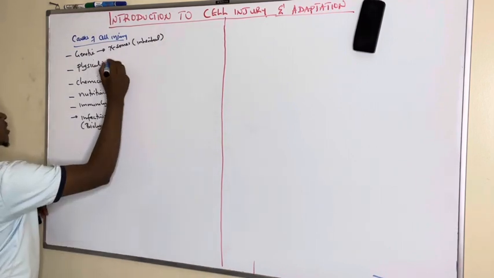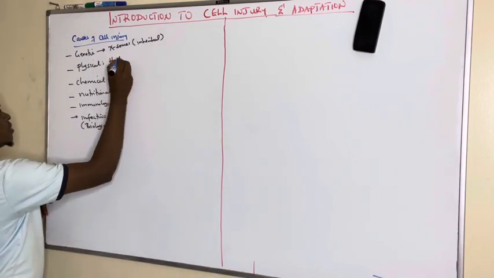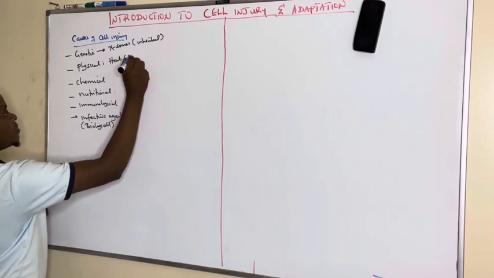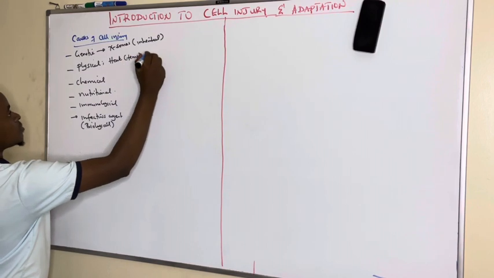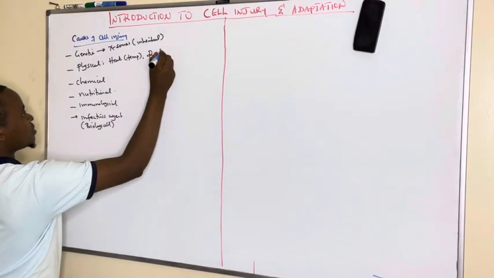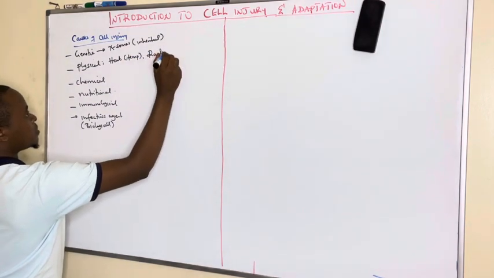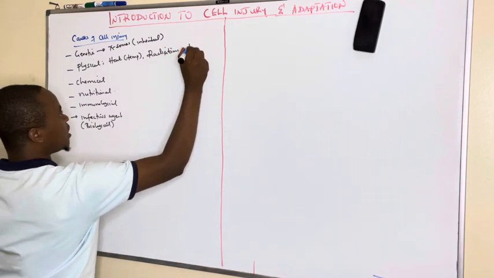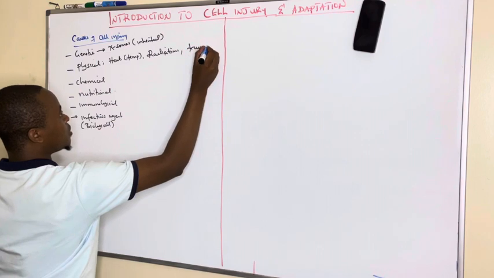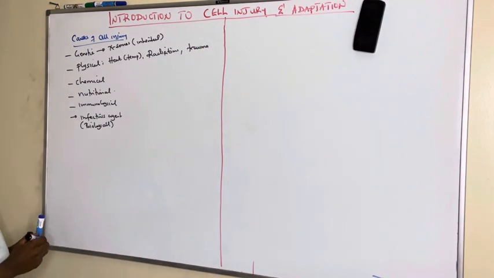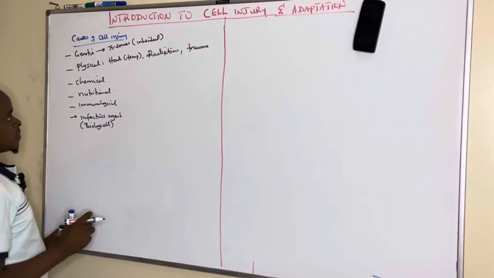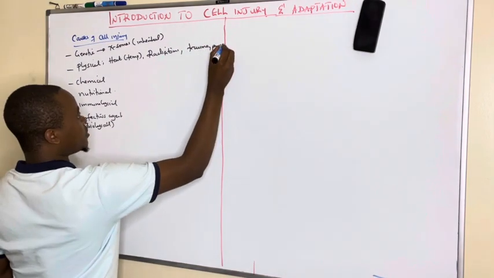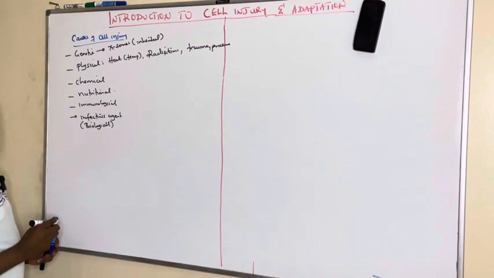Then physical causes include heat, which is the same as temperature, radiations, and mechanical injury like trauma. So these are some of the physical causes, and even increase in pressure. When there is increase in pressure, that is a physical cause.